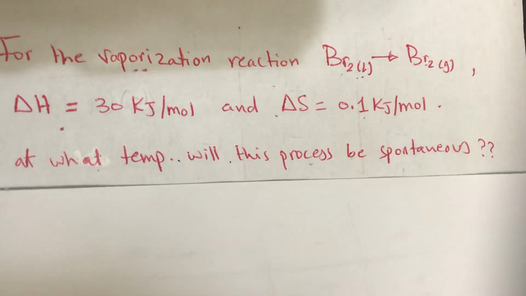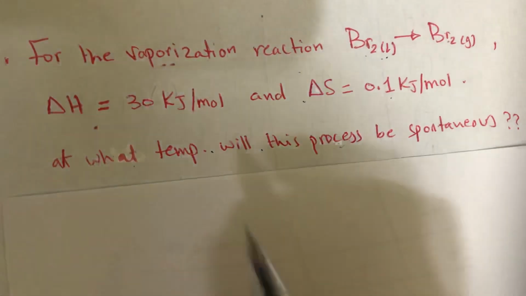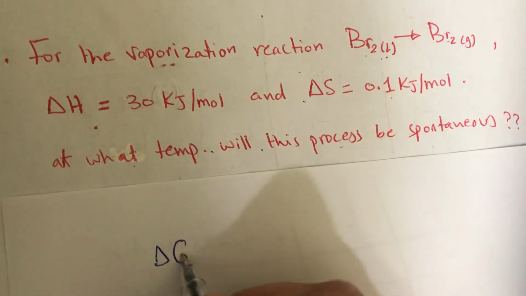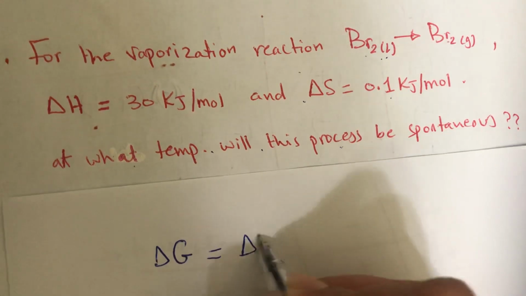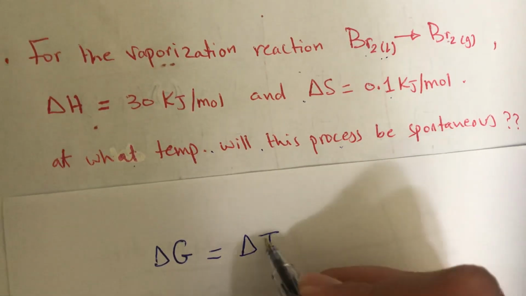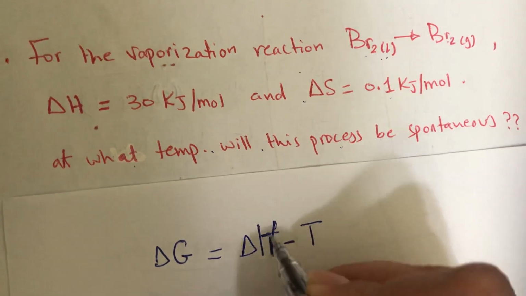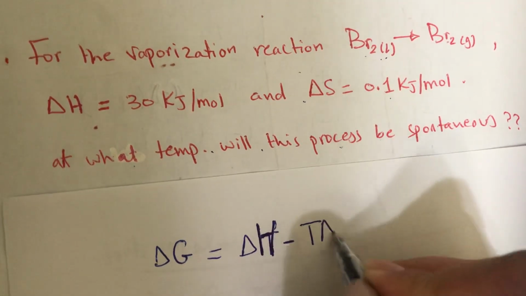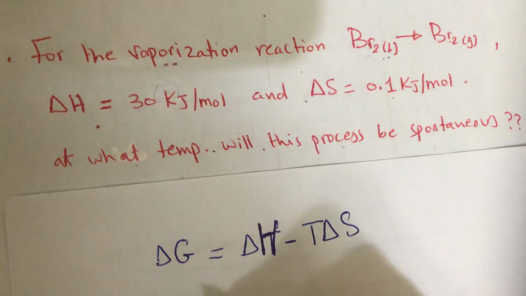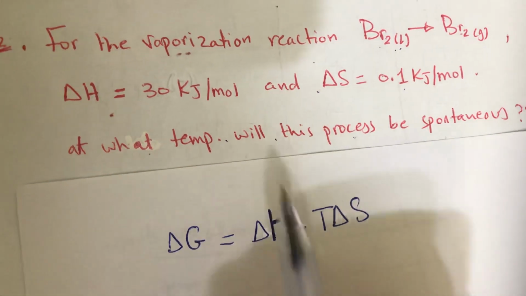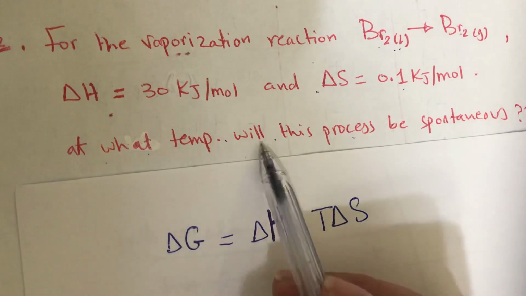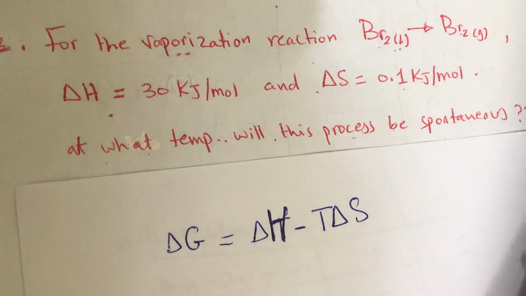Now, delta G equals delta H minus T delta S. So, at what temperature will this process be spontaneous?